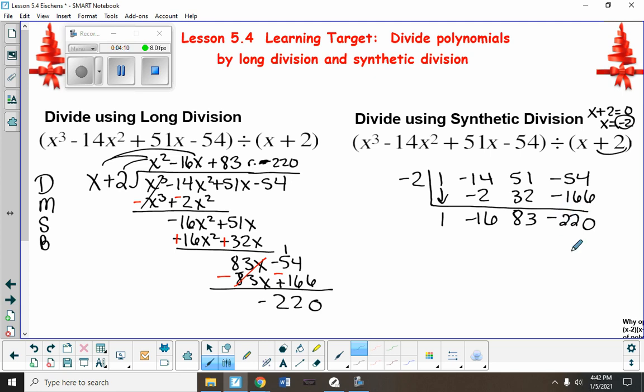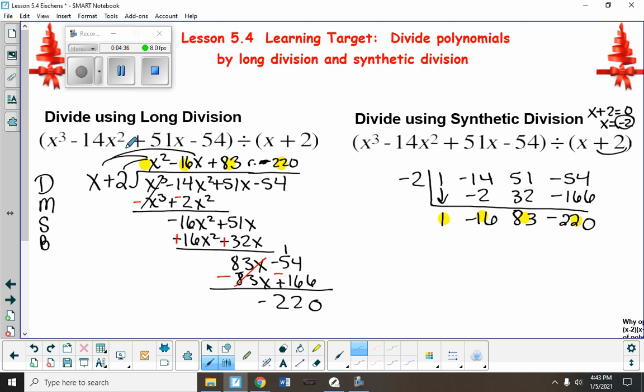Take a look at these numbers. You have a 1, a negative 16, an 83, and negative 220. Look over here. That's a 1, that's a negative 16, that's an 83, and there's your remainder. So by using synthetic, we get the numbers, and what we have to realize then is what the pattern is.